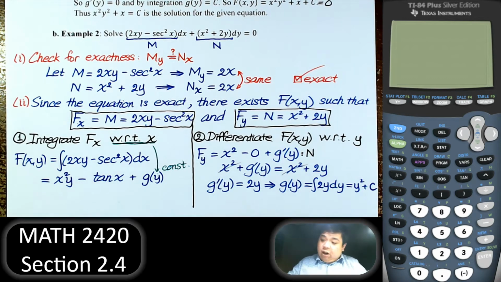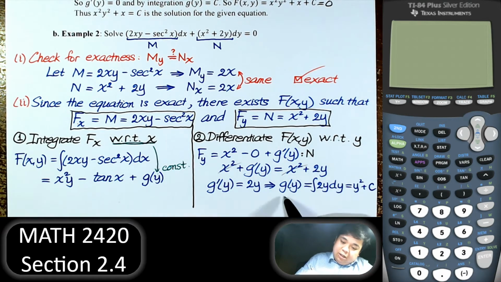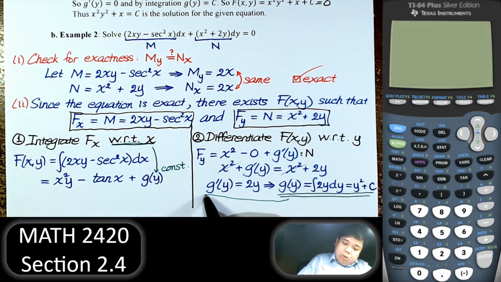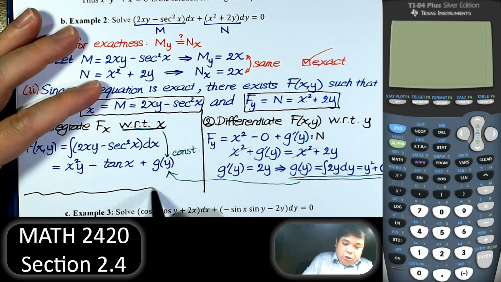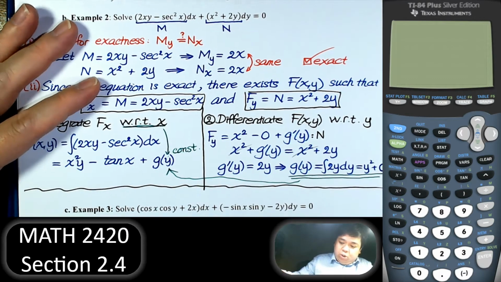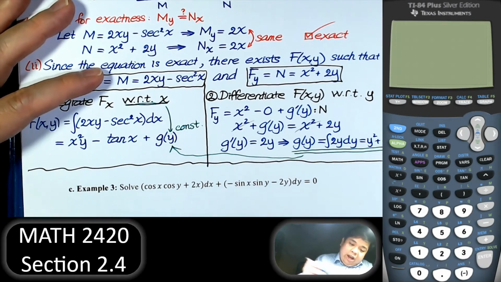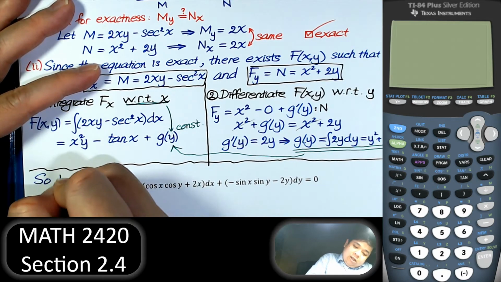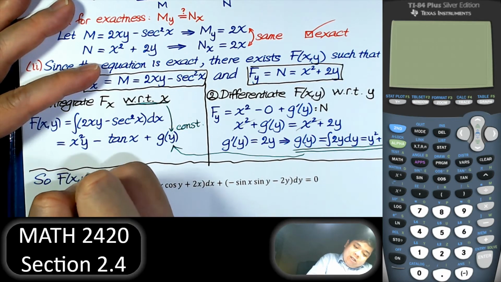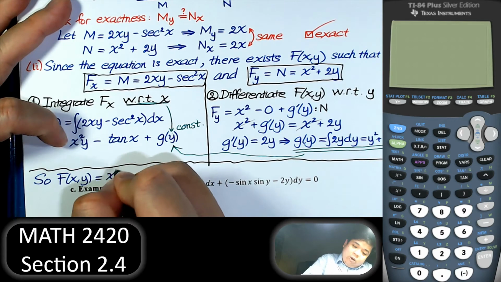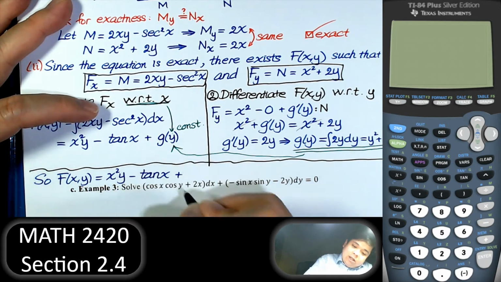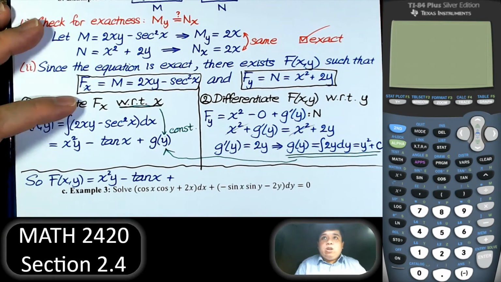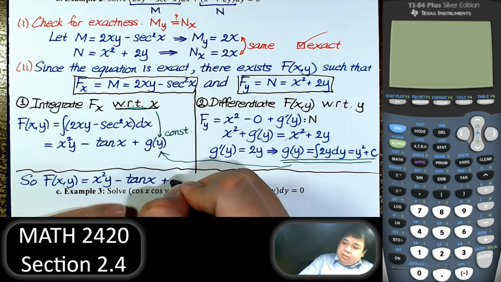Right, and finally we will substitute this back into g of y. Right, so doing those two steps will give us the solution. So we have the solution f of xy equal to x squared y minus tangent of x plus g of y, which is y squared plus c.